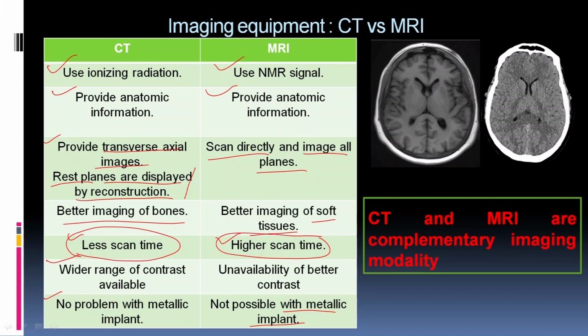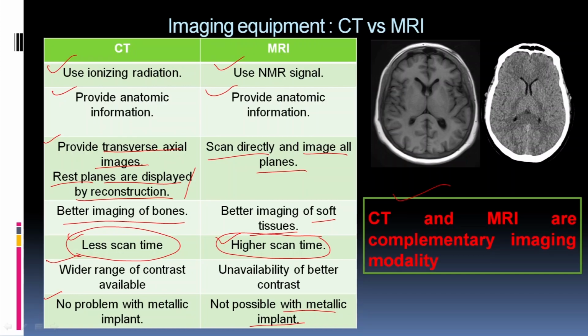So if we compare CT and MRI imaging equipment, we can see in some cases there are some advantages of CT machines and there are some inherent advantages of MRI imaging. So CT and MRI are complementary imaging modalities. They are not replacing each other.